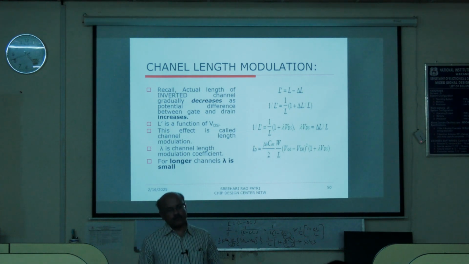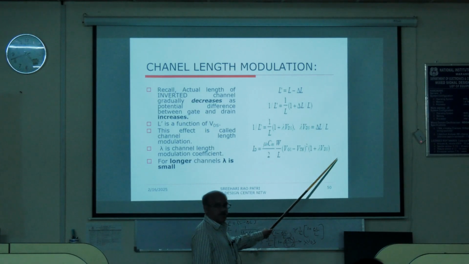So therefore, what you know is only the VDS. I am varying VDS, current is varying. I can't express it as L dash because I don't know what L dash is. Therefore, I should express it in a known parameter. What known parameter? VDS, which I am changing. So I express ID in terms of the known parameter, as lambda VDS.